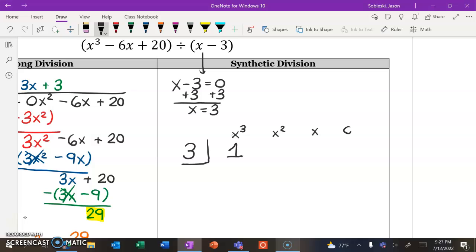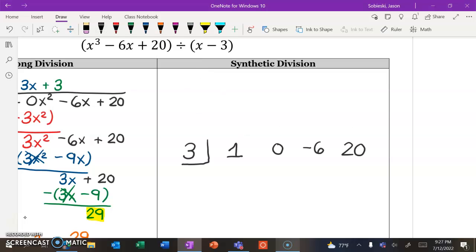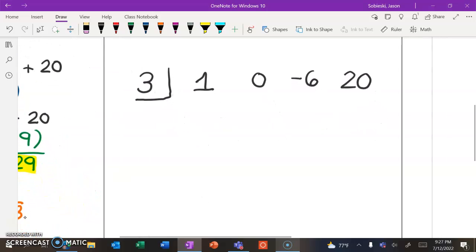The coefficient of the x squared term, remember they skipped an x squared, there was no x squared term in it, but we can still list it as a 0, and we're going to need to in order to do this method. The x term had a coefficient of -6, and then the constant was a positive 20. I'm going to erase all this extra stuff because we don't need it anymore. This is all we're going to need in order to do synthetic division.